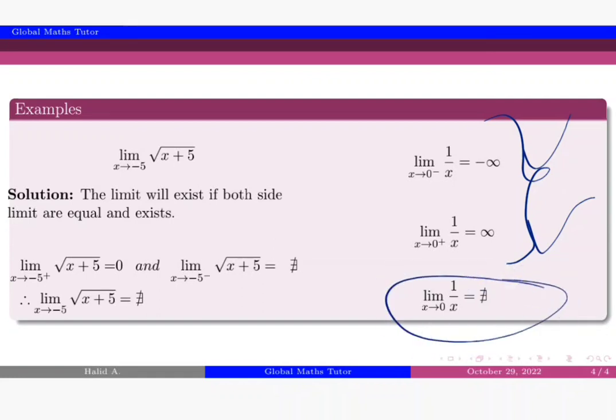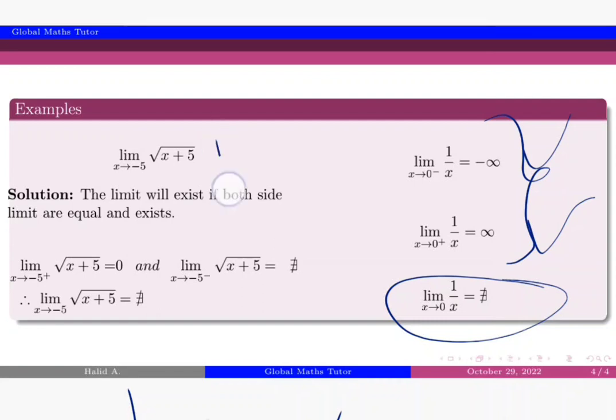For those kinds of functions, there are also other examples. For example, ln x. Ln x has a right hand limit but no left hand limit, because there is no ln of negative numbers. So as x approaches 0 from the negative side, it is undefined, but from the positive side it is defined.